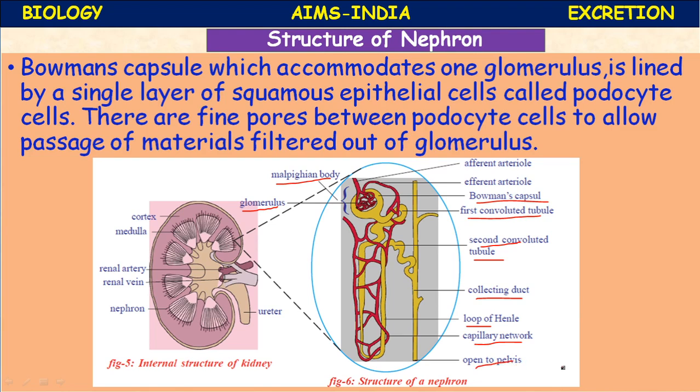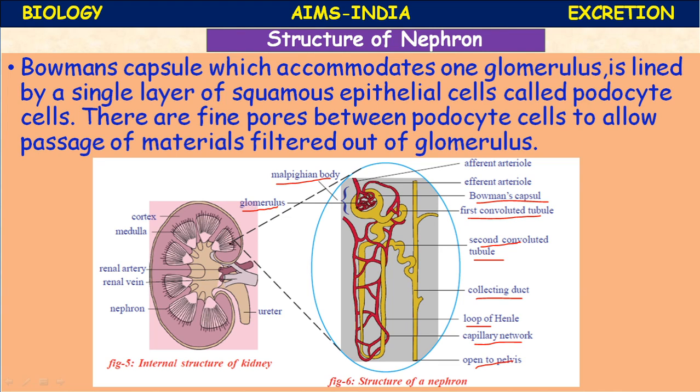Pelvis means the fissure. From there the nephrons open directly into the ureters, where the urine is collected and opens into the urinary bladder, and then exits out through the urethra.